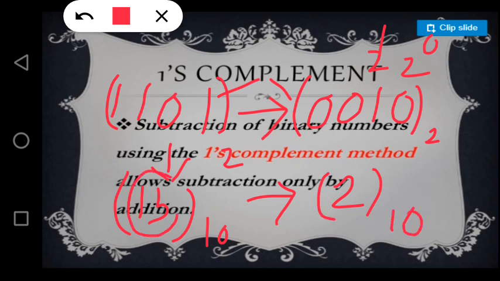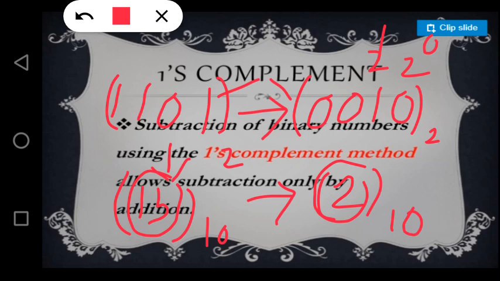So I have 13 here, and when I convert the complement of the binary equivalent of 13, I get the decimal number 4. Is there any relation between 13 and 4? Can you imagine anything here?